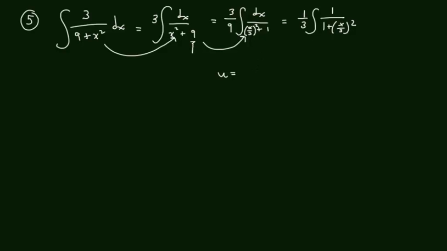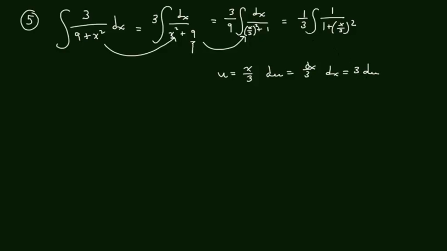Alright, again, back to the u substitution. So u equals x over 3. du is 1/3 dx, and dx equals 3 du.